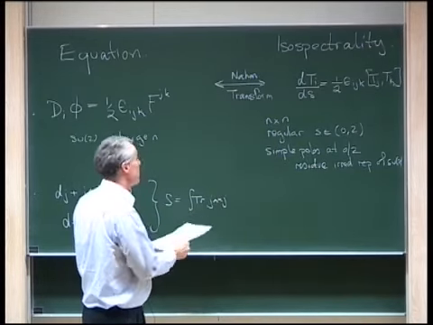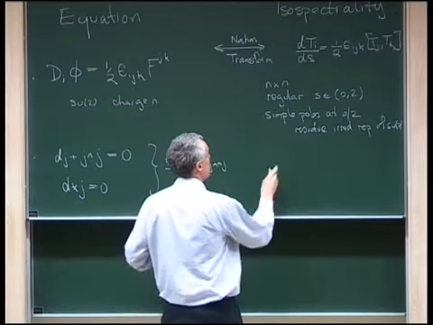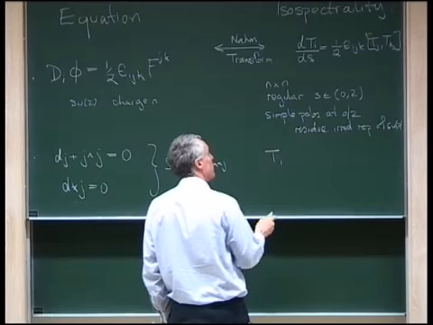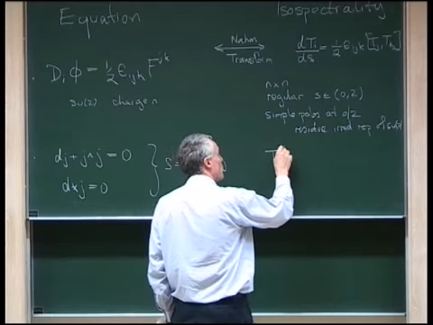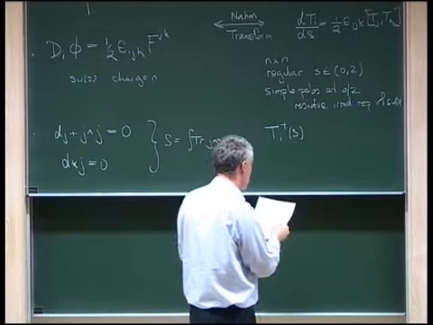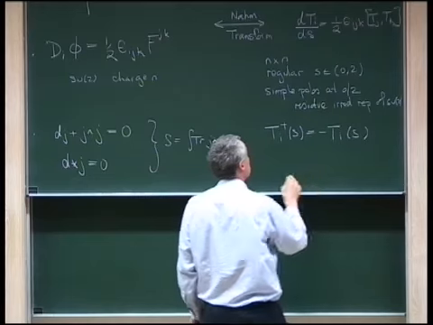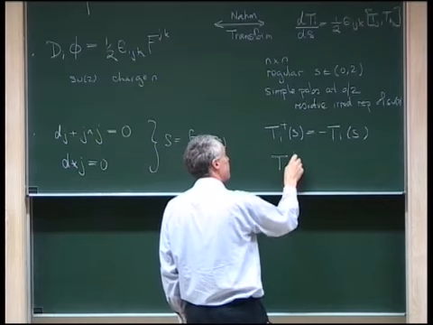So if we do this, all right, and we need certain hermiticity properties, we'll need Ti Hermitian conjugate of s to be minus Ti of s, and something on the transpose.